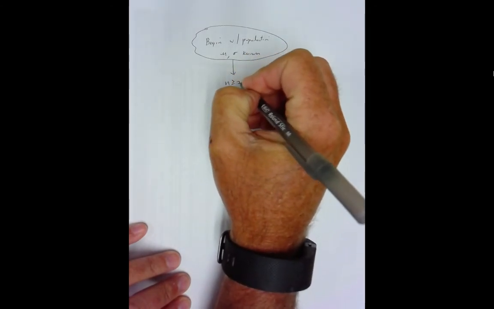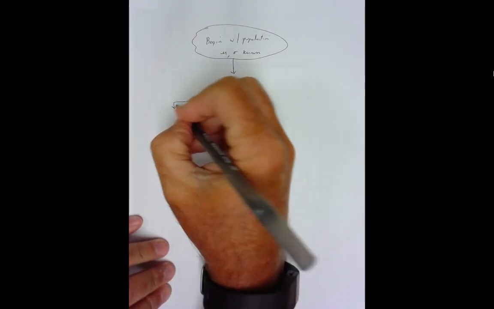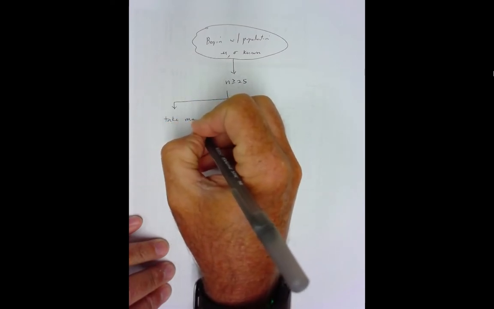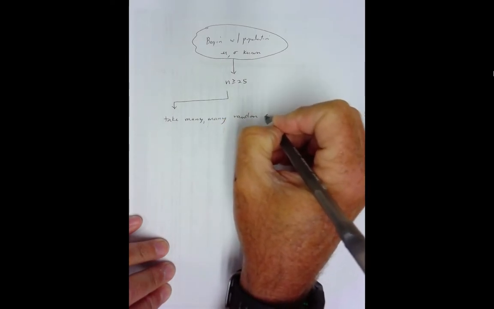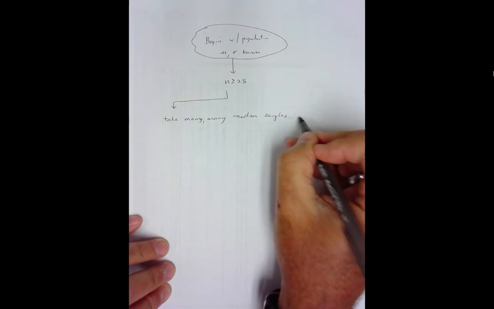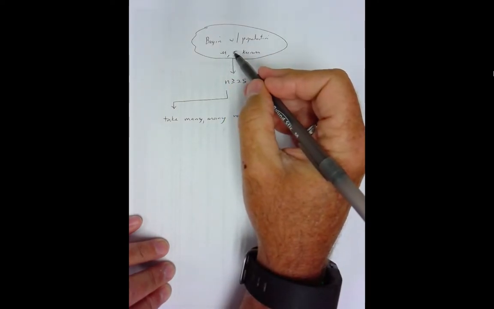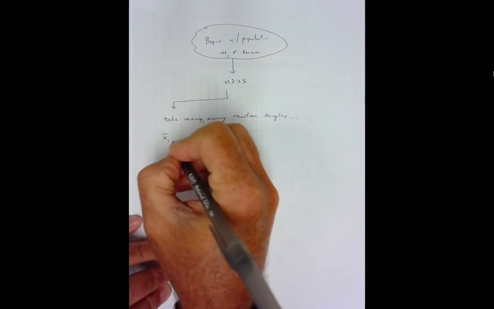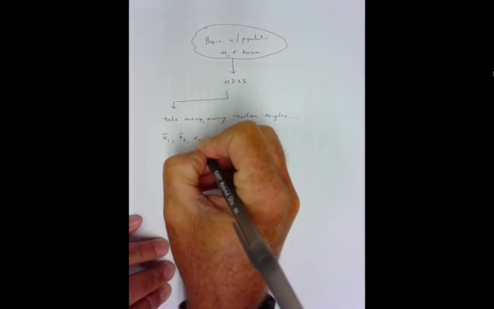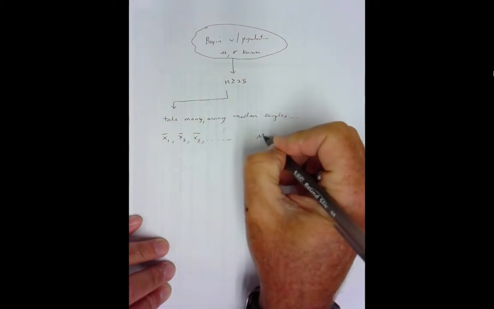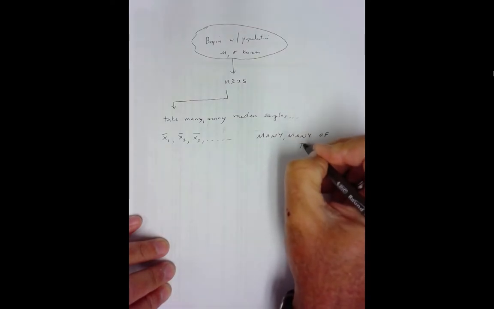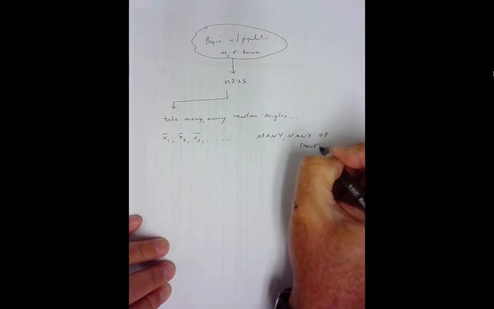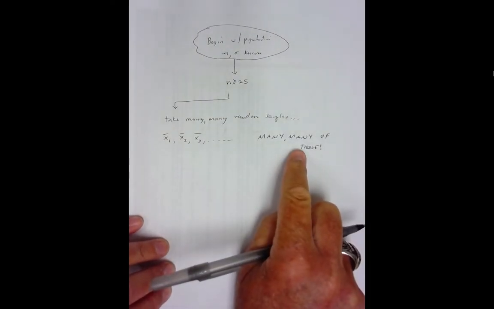Just safely, as long as the sample size is 25 or bigger, take many random samples. Well, guys, if we're dealing with a sampling distribution of means, then we're going to be taking sample means. Okay? Now, I think I said do this forever. Many, forever.